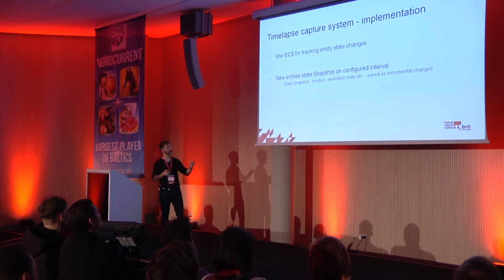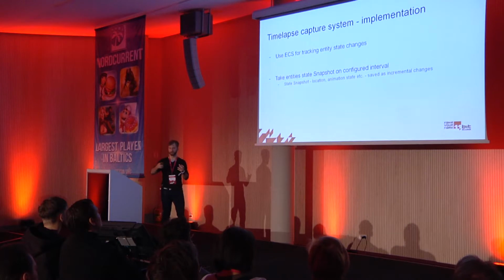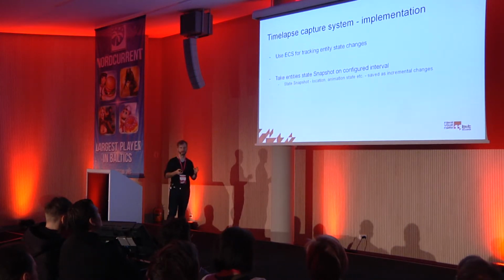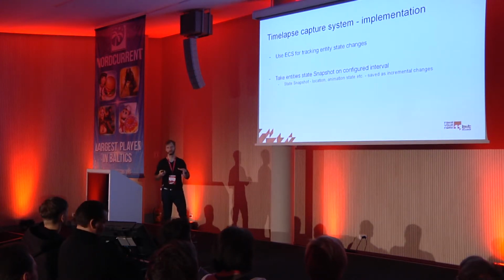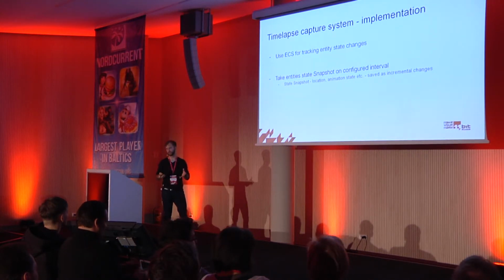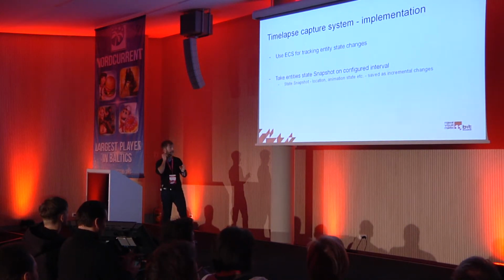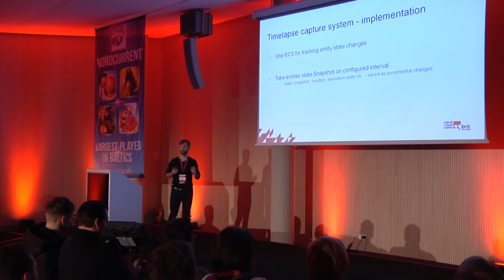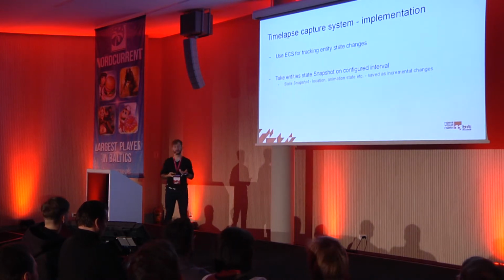For instance, if the location of an entity did not change between snapshots, we would save nothing to the snapshot. Buildings are placed probably near the beginning of the game, and then nothing changes, so we don't save them. But still, how did we reach 200 or 300 megabytes of saves?